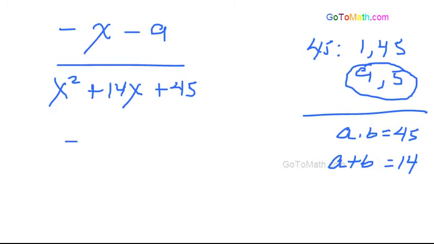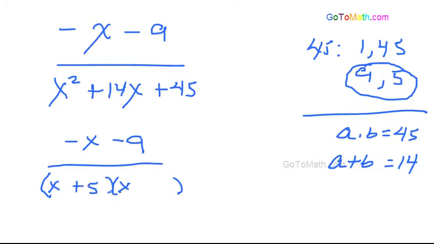Let's go ahead and rewrite this up here like that. We end up with 9 and 5, or I'm going to write 5 and 9, it doesn't matter. But nothing's canceling out here, so something must be fishy, right?